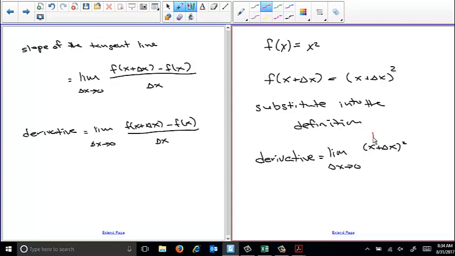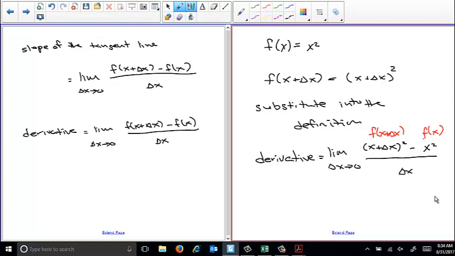So that is f of x plus delta x. And then I subtract f of x, which is the function that I'm trying to find the derivative of. So that's f of x. And then I divide by delta x.